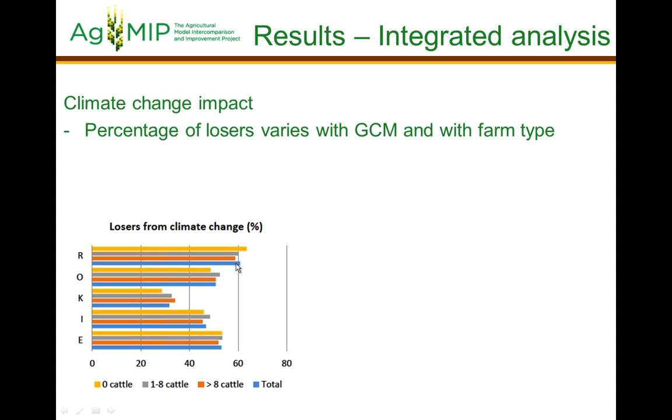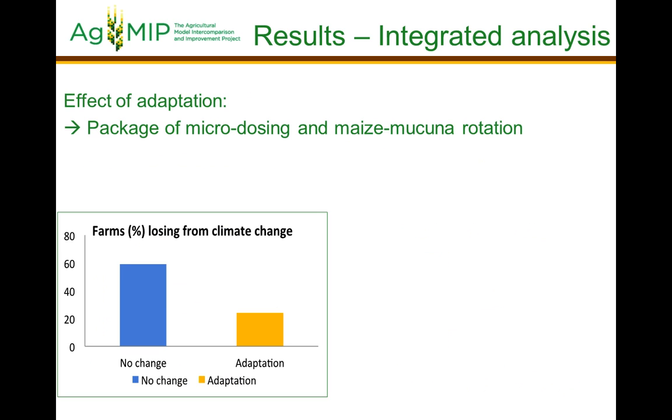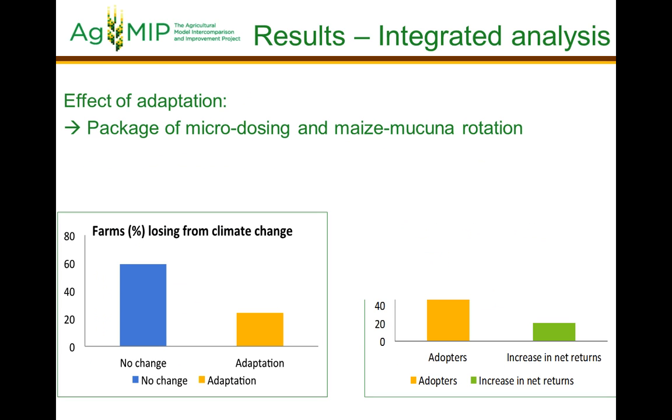So we see here for the different types of farmers that, especially in our pessimistic scenario, it is the people without livestock that would lose most from climate change. But also in the other scenarios, we see some differences between the different types of farmers. We found, though, that the changes in per capita income are not so strong.